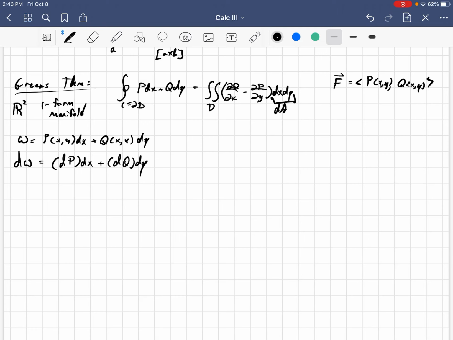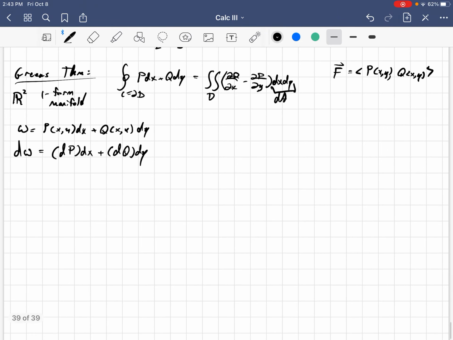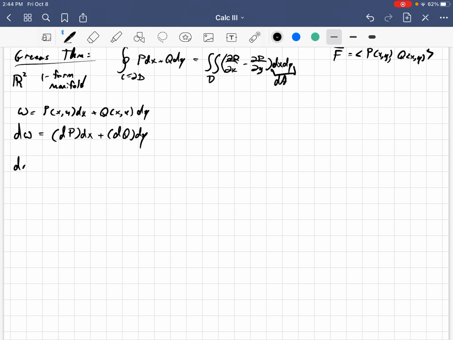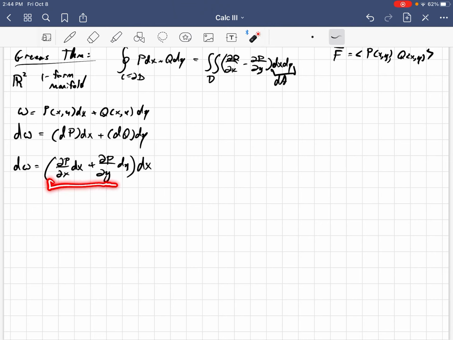Now, dP is the total differential of P. We need to use the multivariable chain rule here. So d omega is the partial of P with respect to x dx plus the partial of P with respect to y dy, wedged with dx. Now, what did I do there? I just replaced dP with the total differential.